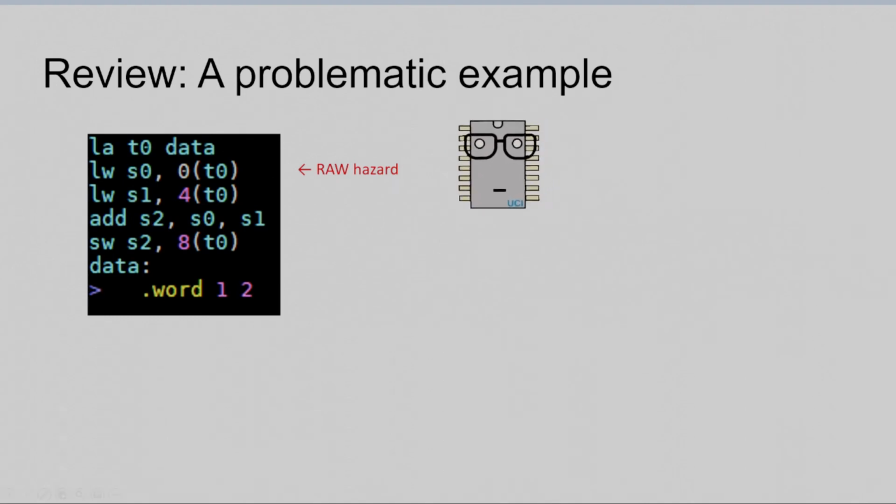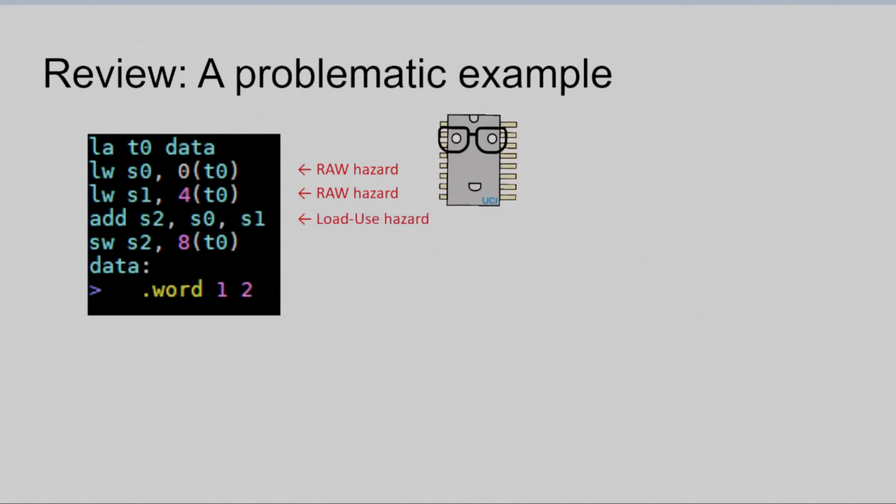There's another RAW hazard because most likely T0 is still not available by the time you reach instruction 3. There's a load-use hazard because S0 and S1 are still being loaded by the time you reach the add instruction.